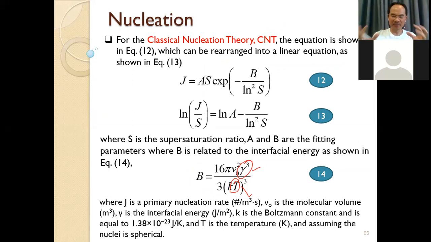Because with higher interfacial energy, we need high energy to separate the solute from the liquid. And the higher temperature makes it easier to generate the nucleation or the crystal. This is the basic theory that we apply to describe the nucleation. We call this classical nucleation theory, or CNT.